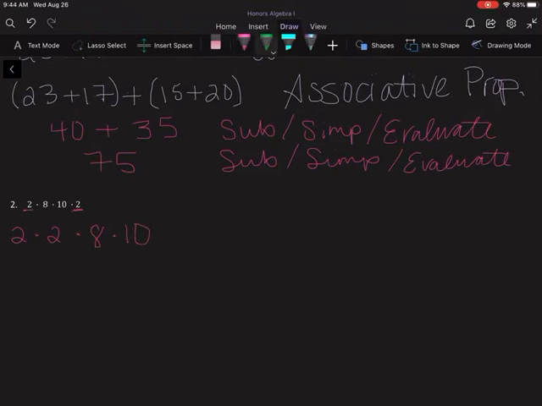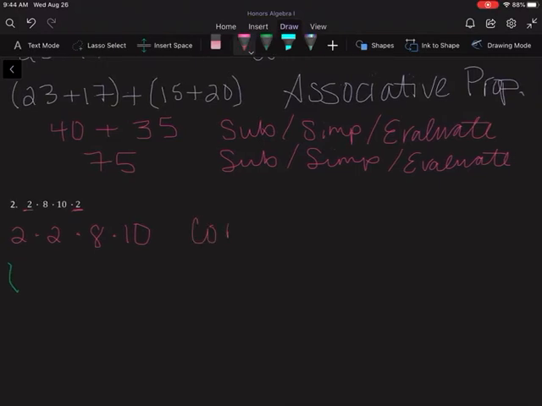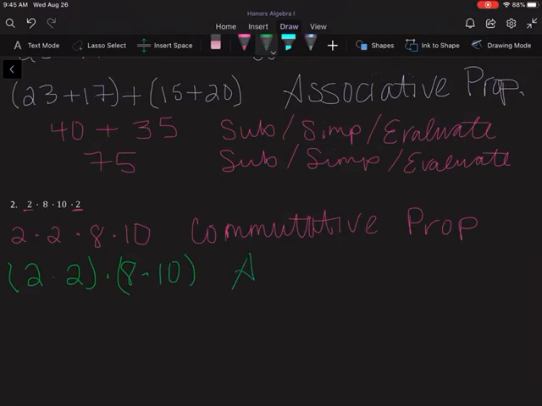You could have thought of it differently. Then I grouped them. Oh, I didn't put my reasoning. That was the commutative property. And then I group them. So that's associative.